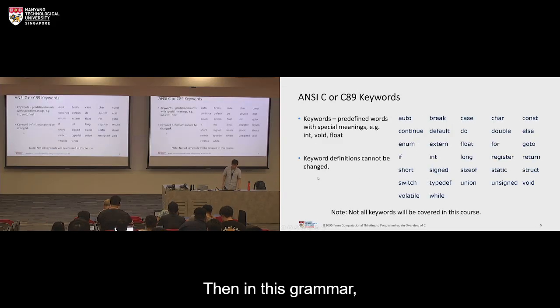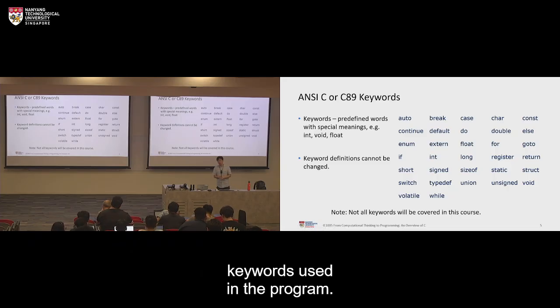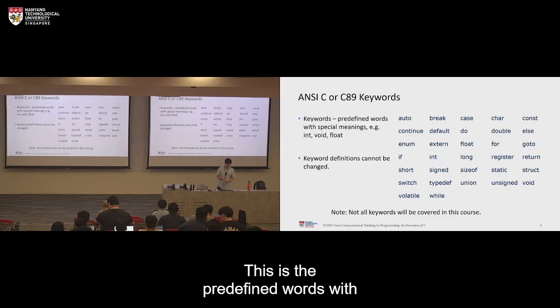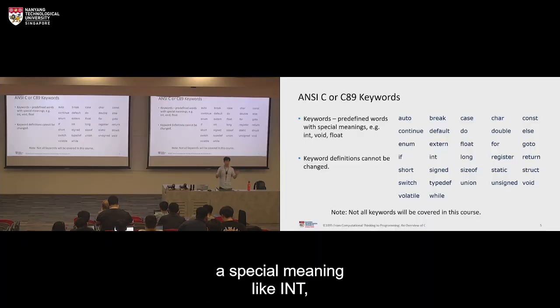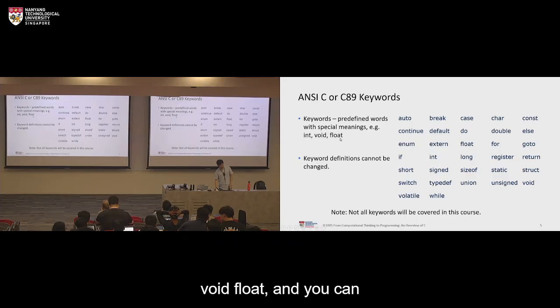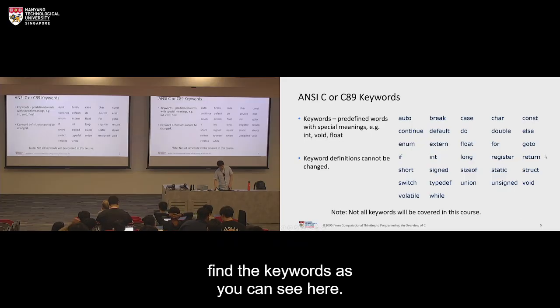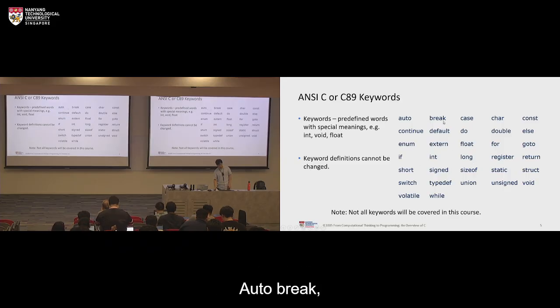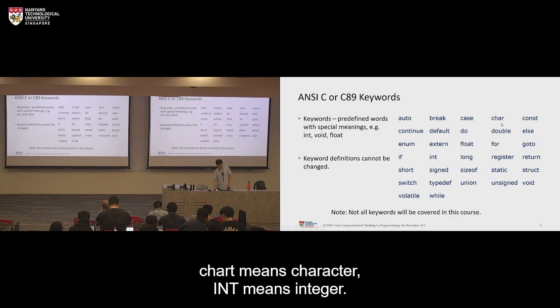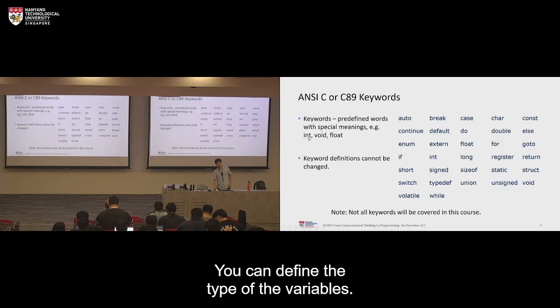Then in this grammar, we have a lot of keywords used in programs. These are predefined words with a special meaning, like int, void, float, and you can find a lot of keywords as you can see here. Auto, break, case, char means character, int means integer.